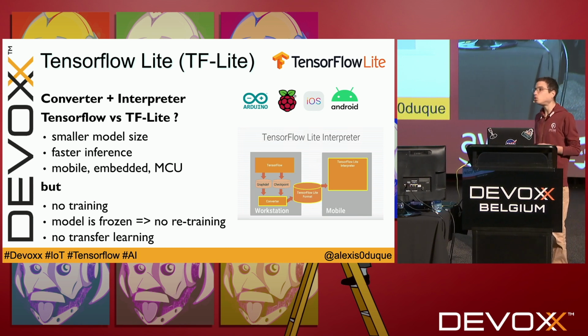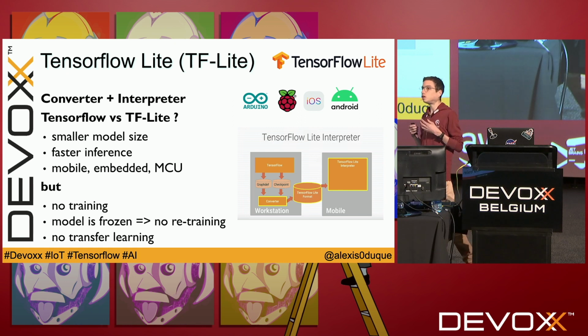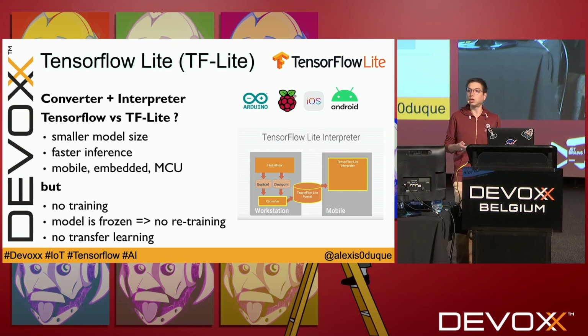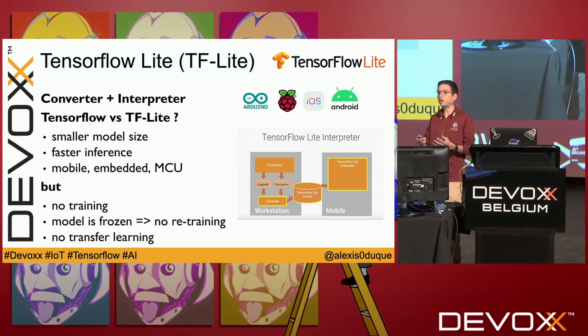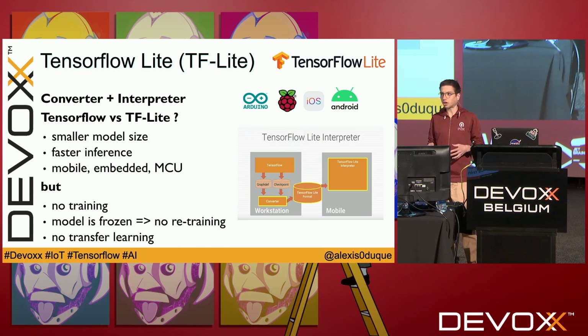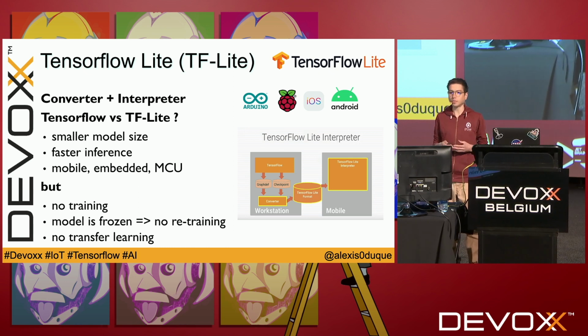So on the device, you don't need to install the full TensorFlow distribution, you just need to install the TensorFlow Lite interpreter. So what are the differences between TensorFlow and TensorFlow Lite? TensorFlow Lite helps you build smaller models to reduce the size when you deploy on your device, because they are constrained in memory.